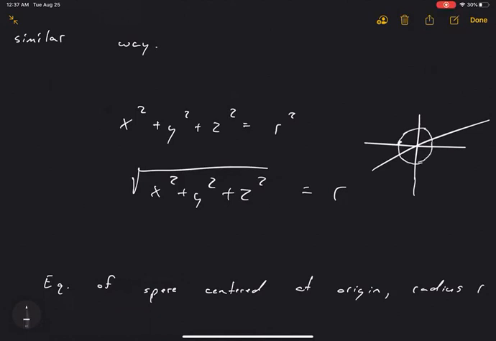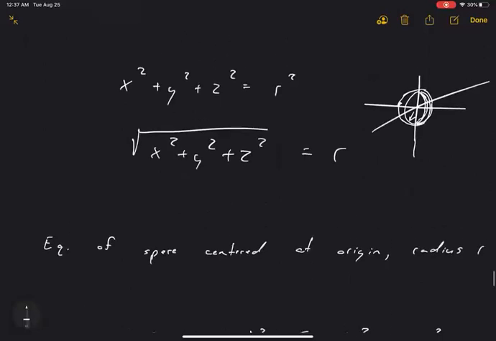That's the YZ plane. Then I could draw a circle in the XZ plane. And really, I end up with this sphere. All these points that are 1 unit away from the origin give me a sphere in R3.